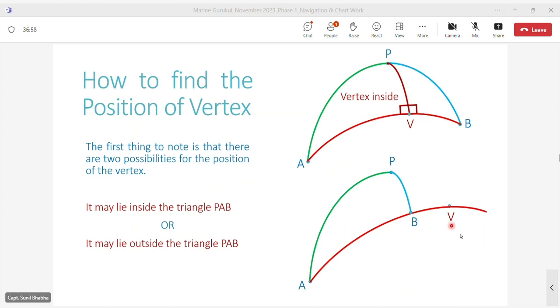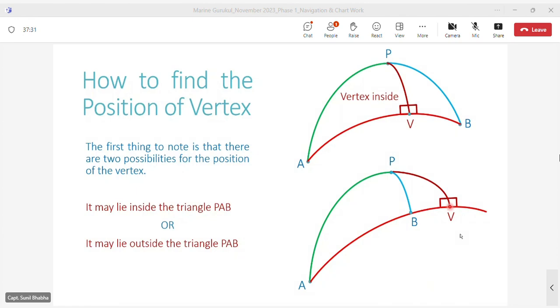You can see the vertex coming up as V in the diagram. This is where the vertex lies in this particular situation. Let's draw the meridian of the vertex. So Papa Victor maroon color arc which you see is the meridian of the vertex, and we know that the meridian cuts the great circle at a right angle, 90-degree angle at the location of the vertex. Meridian runs north-south, great circle track runs east-west, and the angle of cut between them is 90 degrees.